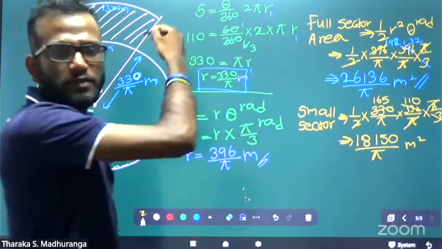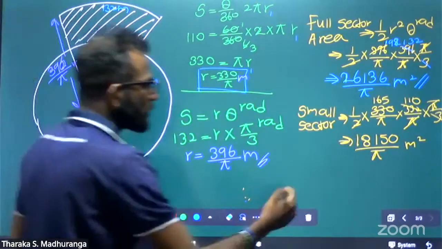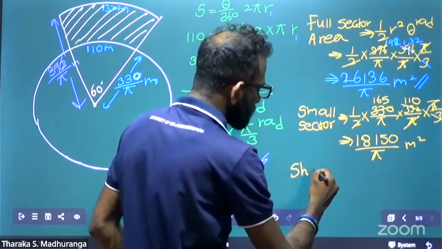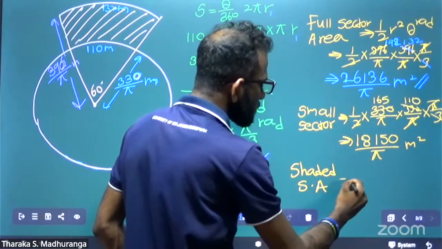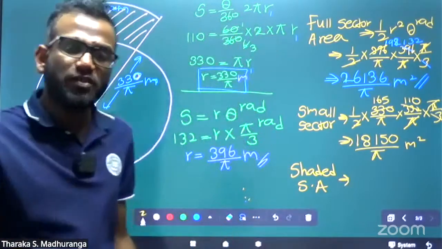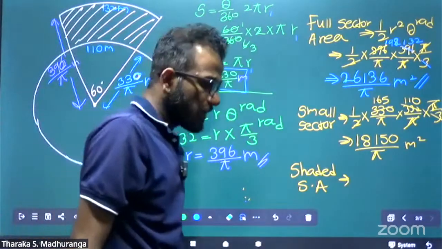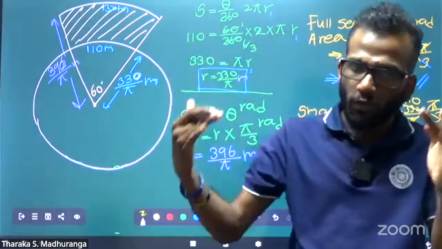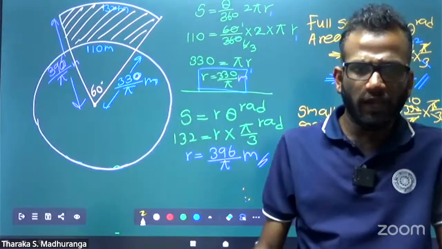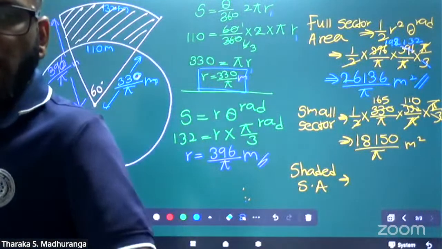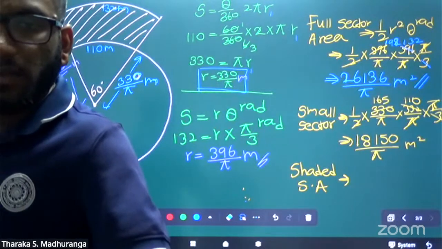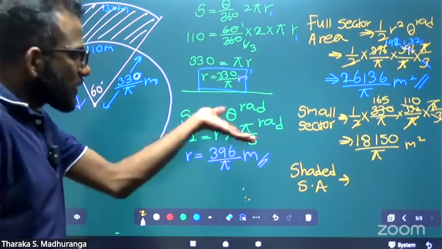Okay, now the shaded part surface area. This is an MCQ question. For MCQ questions in the exam, you don't need to follow all these steps in order; in a working paper you can just calculate these values.